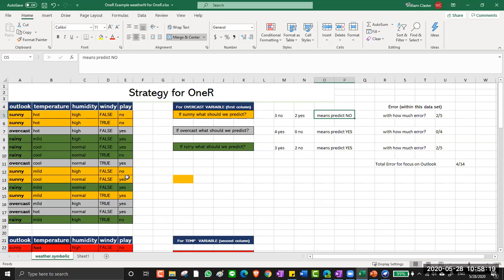Because there are 2 yeses, and we're going to predict no. So if we say when it's sunny, they're not going to play golf within this data set, that's wrong twice, right? Does everyone agree?